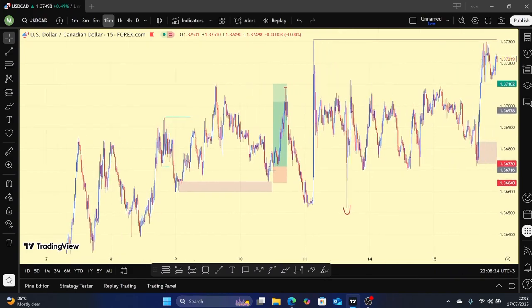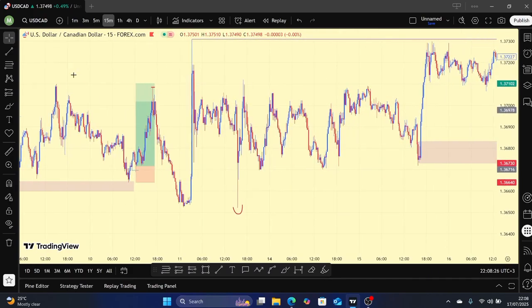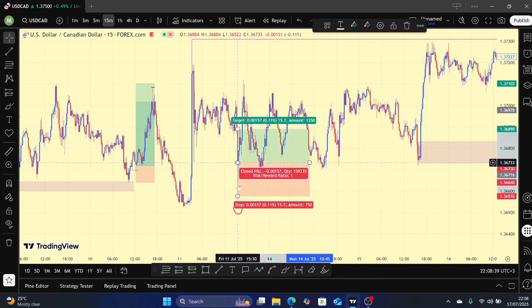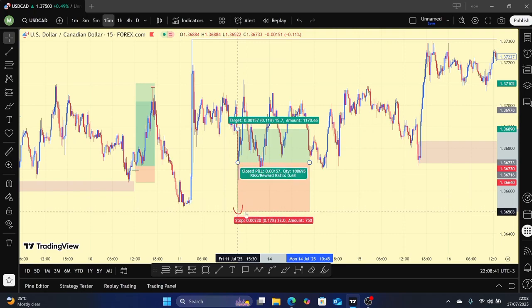You can see my next entry was right here, but I didn't take this entry because I was asleep. After the major inducement here, the next entry was supposed to be after the closure of that candle, then stop loss below here, and then obviously targeting there.